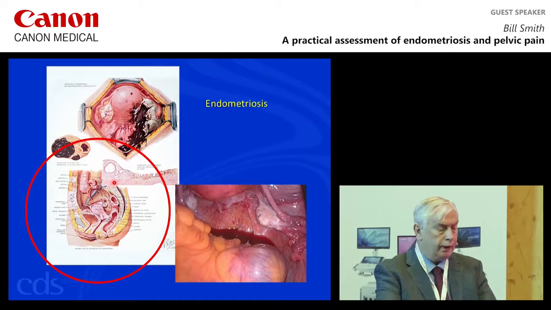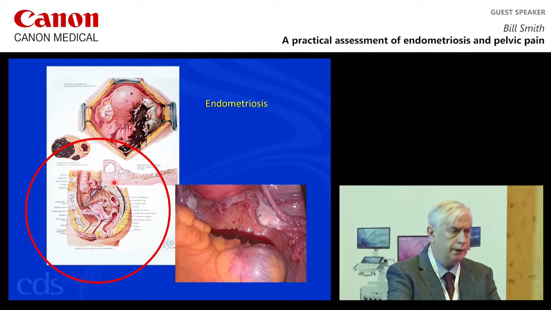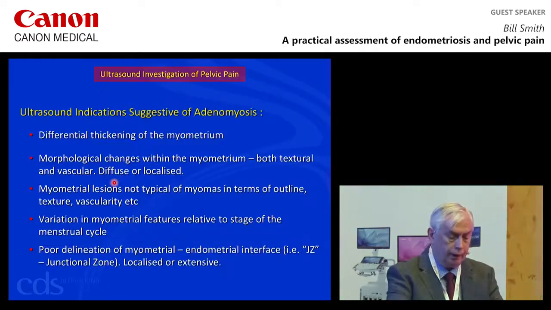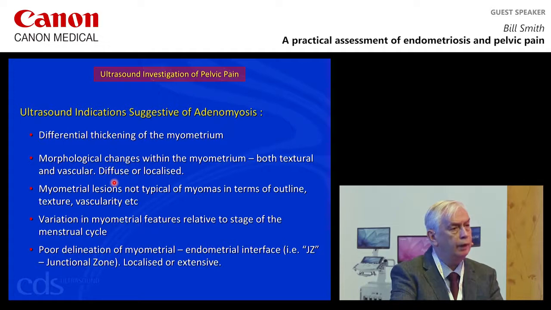So we move on to adenomyosis, and it's a strange situation. It's a situation that's difficult to actually prove histologically. But I think we are fairly agreed in terms of the ultrasound features that we look for in the suspicion of adenomyosis.